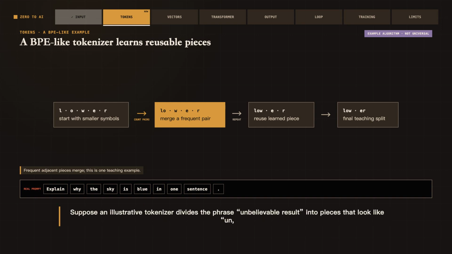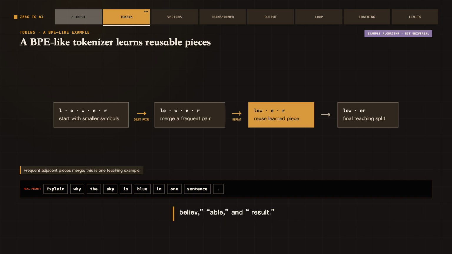Suppose an illustrative tokenizer divides the phrase "unbelievable result" into pieces that look like "un," "believe," "able," and "result." Another tokenizer may split the same text differently. The spaces and pieces here are only an example. We should never present one split as universal unless we name and run a specific tokenizer.